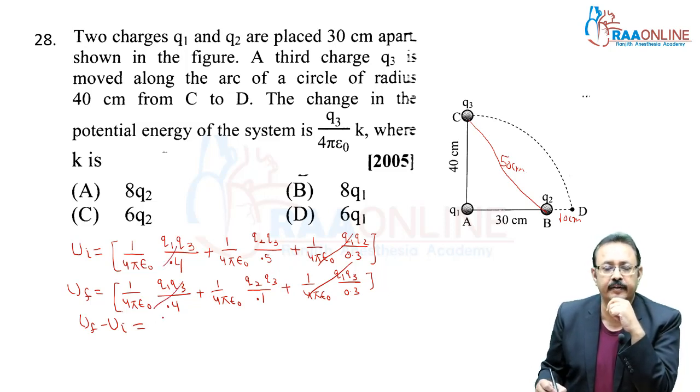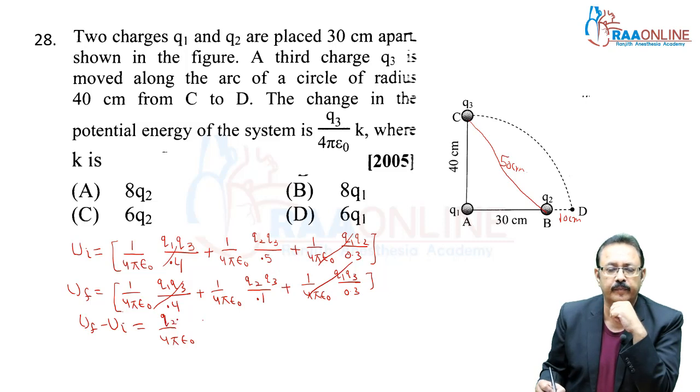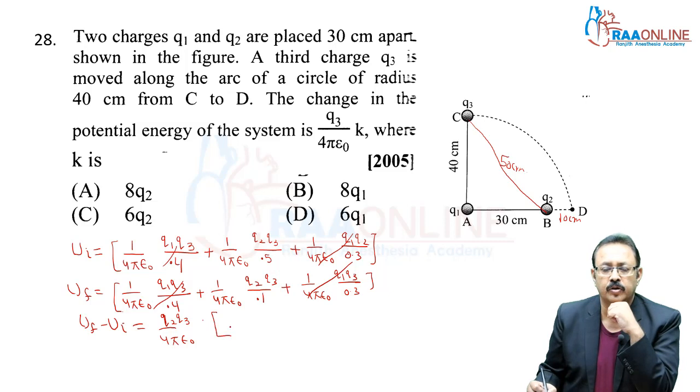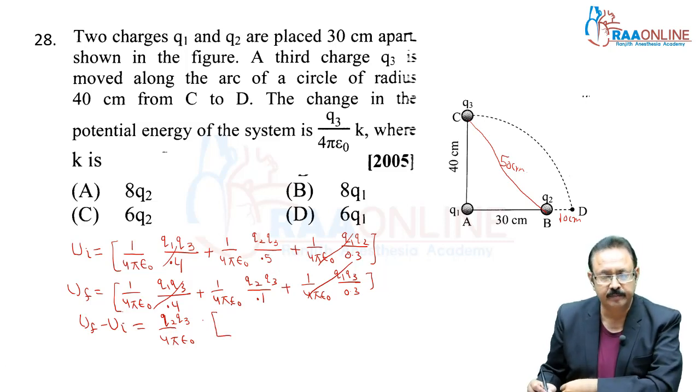So we are taking 1 upon 4 pi epsilon naught and Q2, Q3 common. What are we getting? 1 upon 0.1 minus 1 upon 0.5.